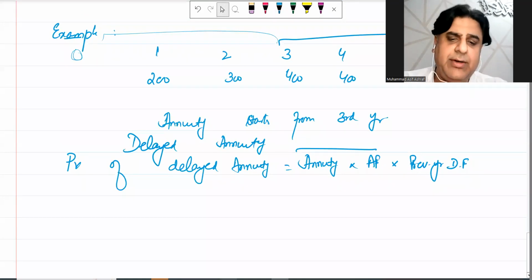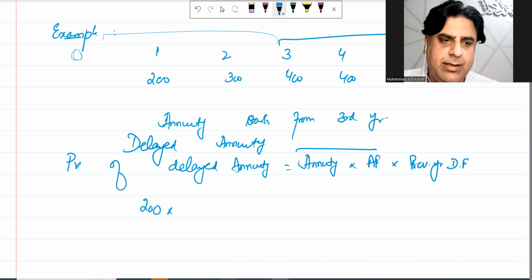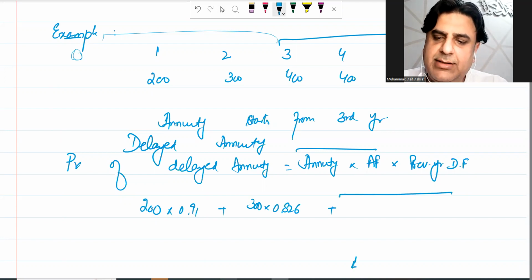So now 200, assuming a 10% discount rate, 200 into 0.91, 300 into the year 2 discount factor 0.826, plus now we have the annuity. 400 annuity is there, I'll multiply with the annuity factor of 3 years. 400 into 2.487.